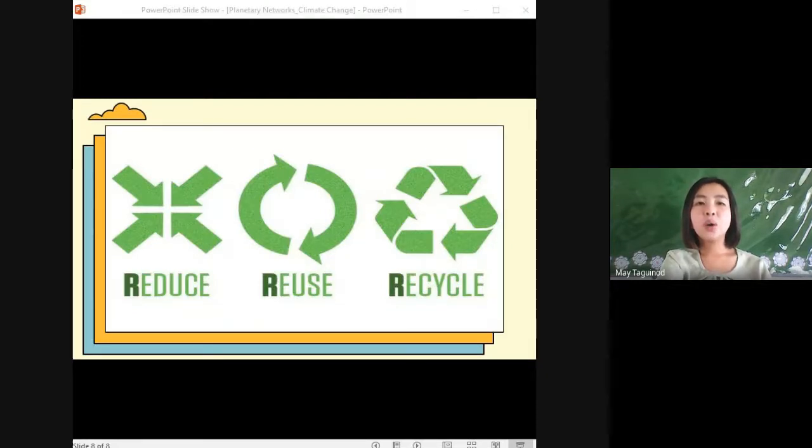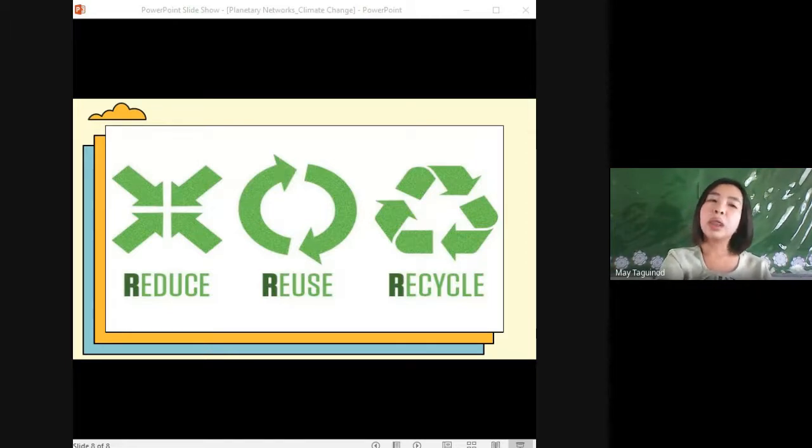Okay, so we have what you call the three R's. I know most of you are familiar with the meaning of this. Even the elementary students know this. The reduce, reuse, recycle, and hopefully we are applying this in our daily lives and routine.